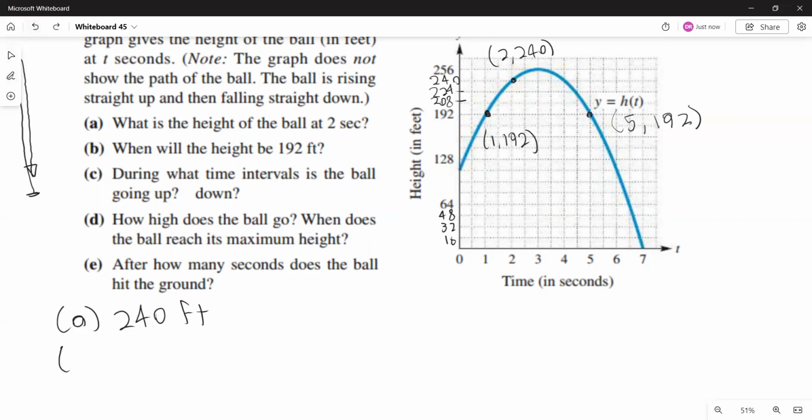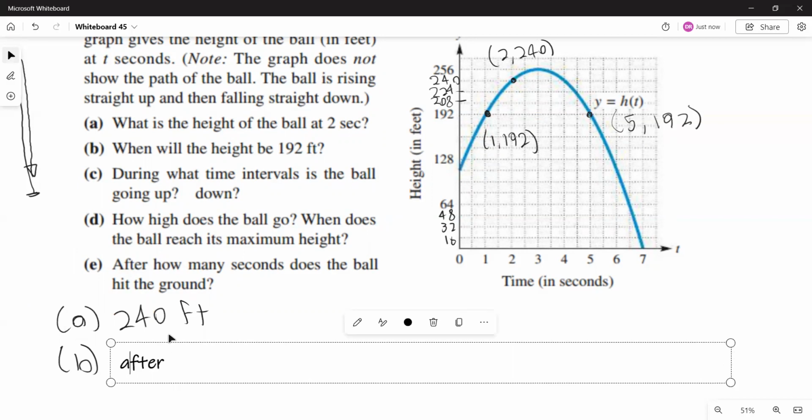That's B. I'm just going to type it. After one second and after 5 seconds.